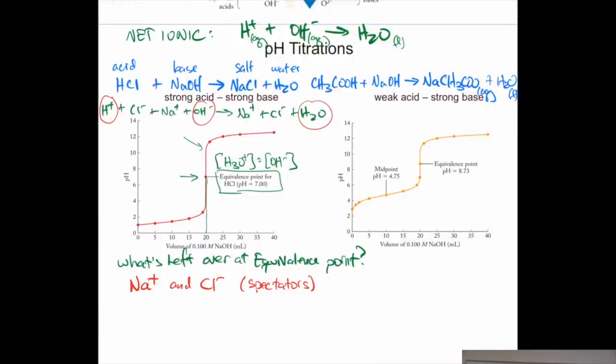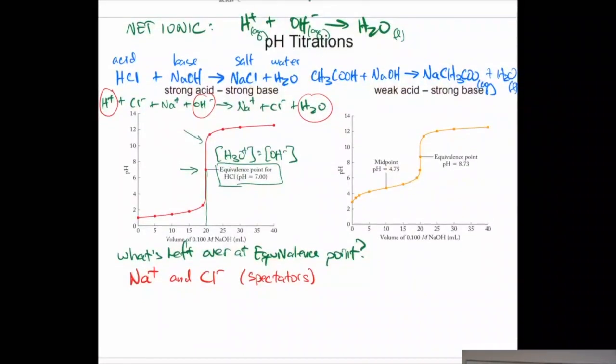The reaction, we got it down to the drop, so the reaction has gone completely stoichiometric. Nothing's in excess, nothing's limiting. It all went 1-to-1. So we made the water, and what's left are these spectator ions. They're still floating around in solution. So what are the spectator ions in the acetic acid sodium hydroxide reaction?